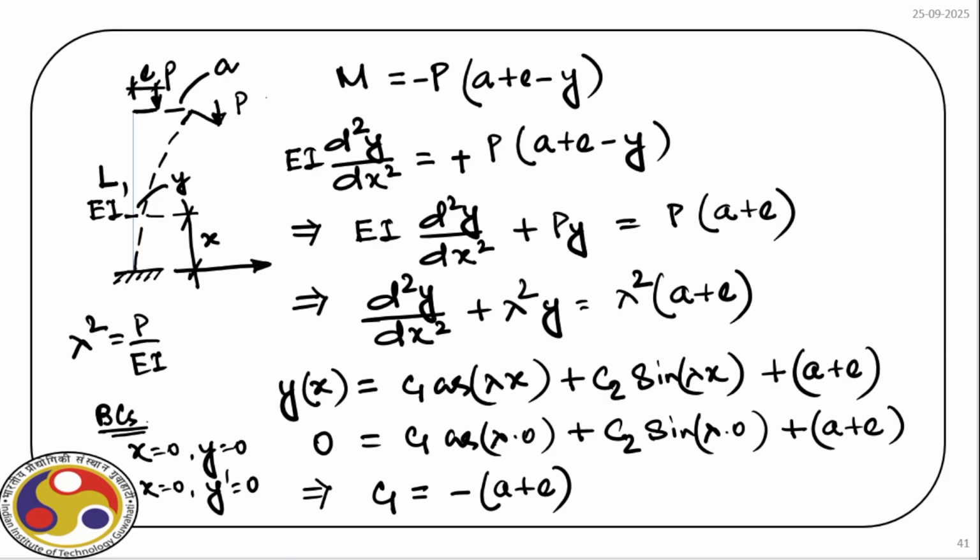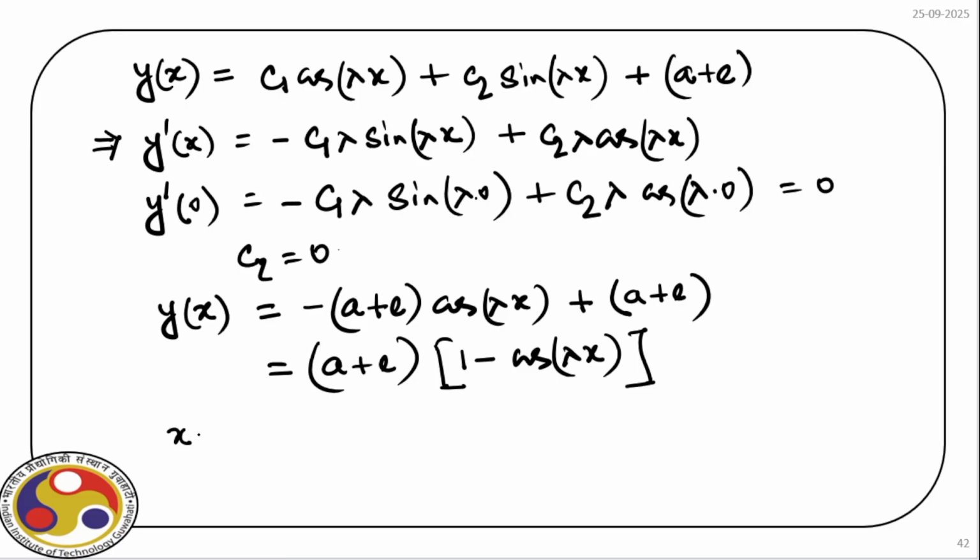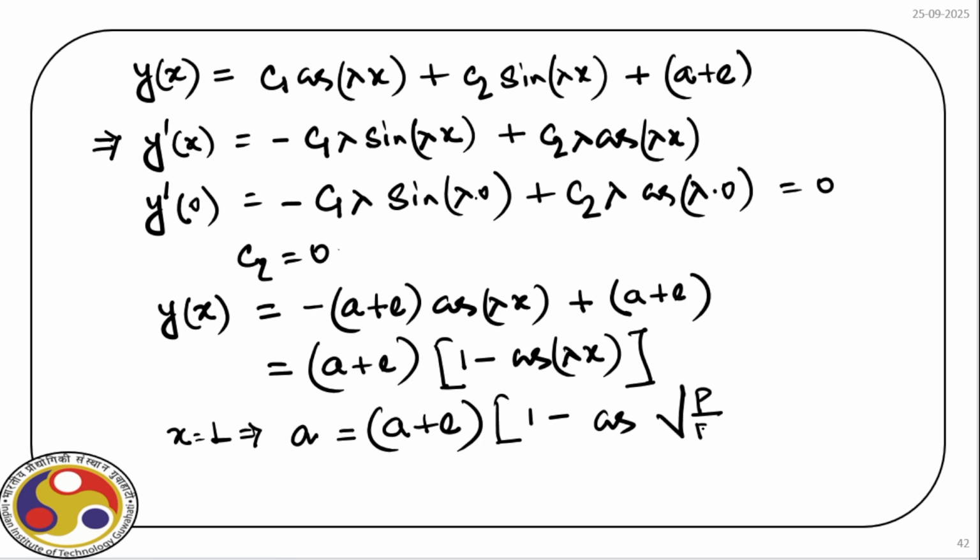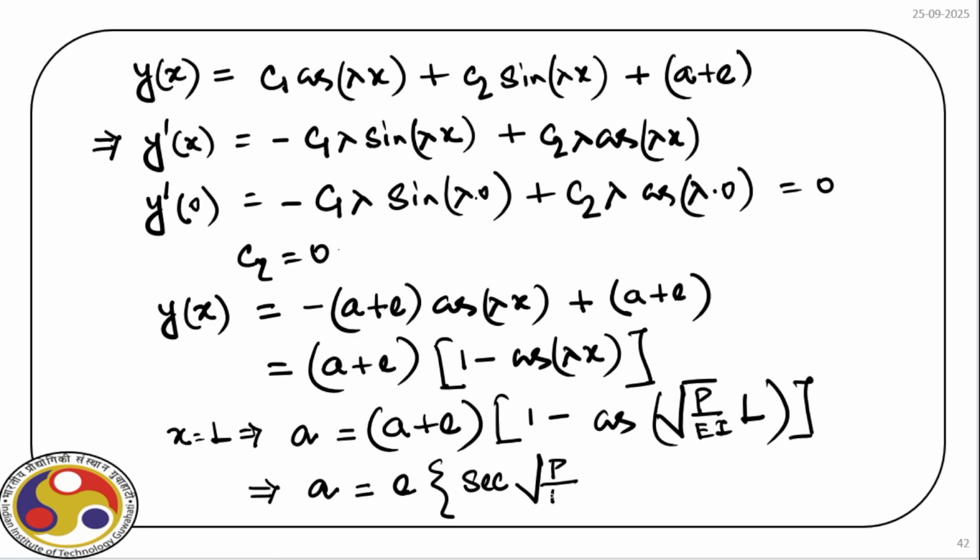So at x equal to L, we have the deformation which is A. So y of L is A, which is equal to (A plus E) within bracket, 1 minus cos of square root of P by EI times L. If you simplify this equation, you can show that A is equal to E times (sec of square root of P by EI times L minus 1).